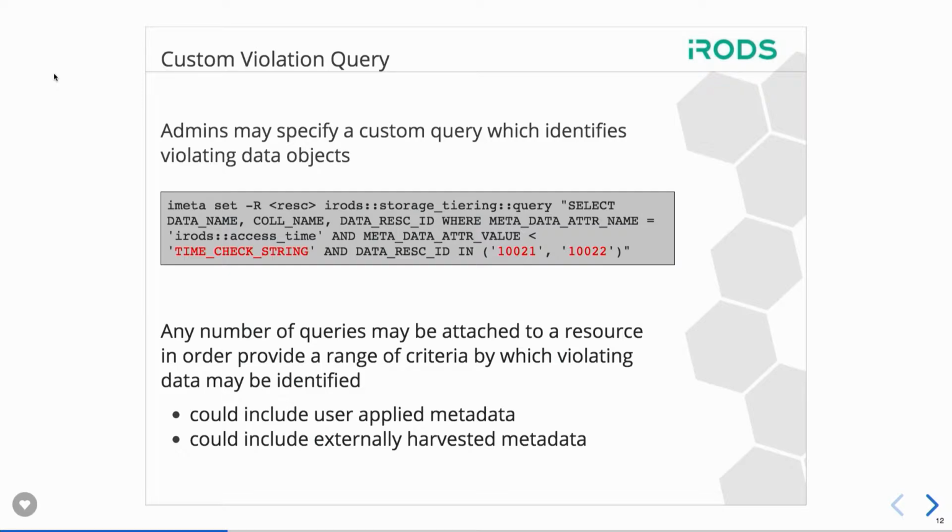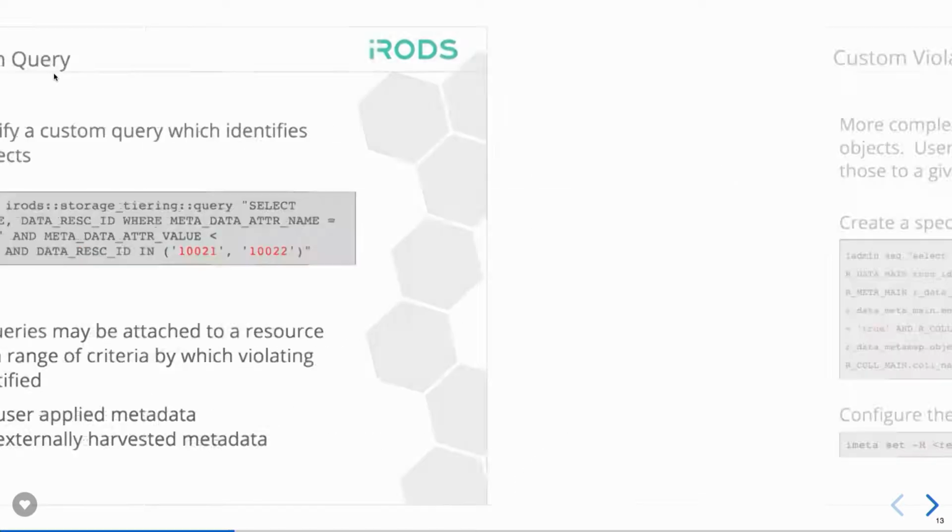Users can come along and just simply flip a flag and say, archive this data, then the data will move. Or, the data gets to be of a certain age, or, Professor XYZ, their data doesn't move at all because they get to use all of the fast stuff as long as they want, because whatever science they're doing is just particularly interesting. That is entirely up to you. So you can annotate these resources with one or more queries.